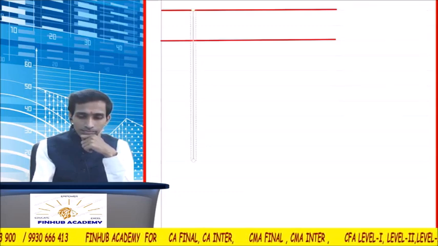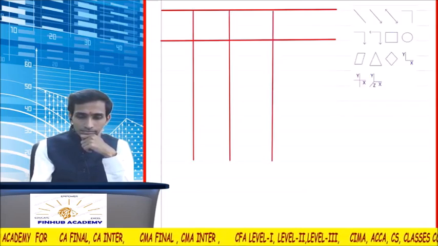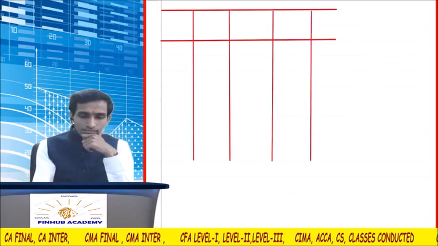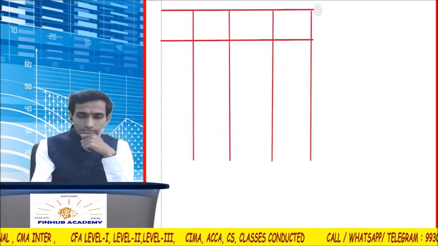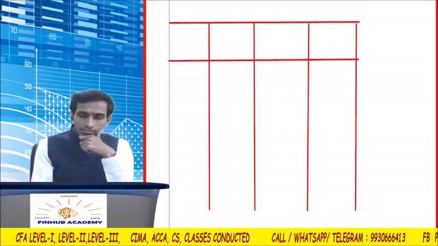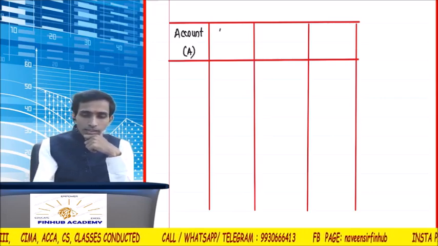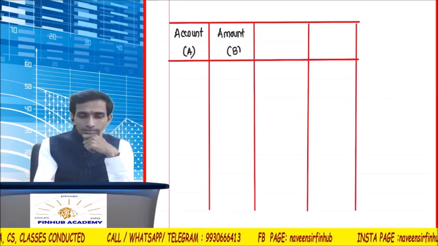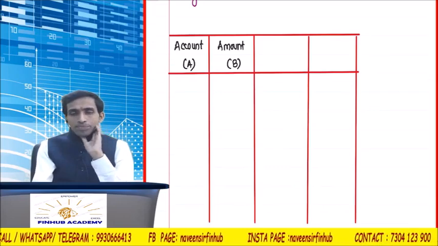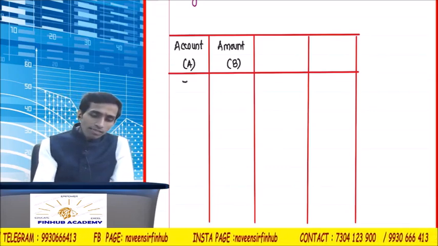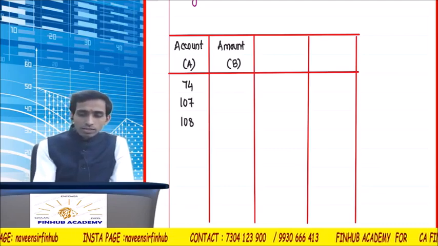Please make a table. Account number, let us give it A. Amount, let us give it B. Account, then amount, second column. 74 is selected, 107 is selected, 108 is selected, 116 is selected.